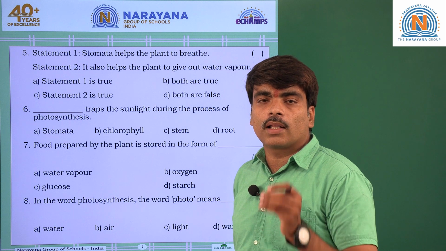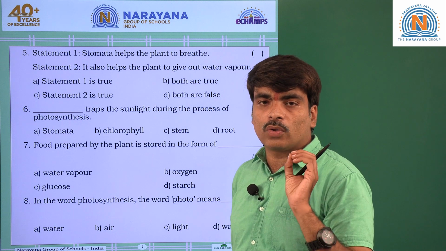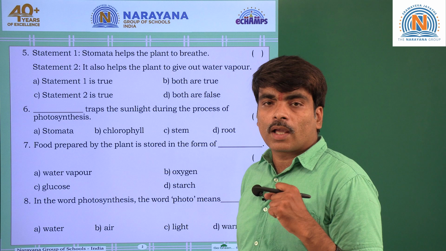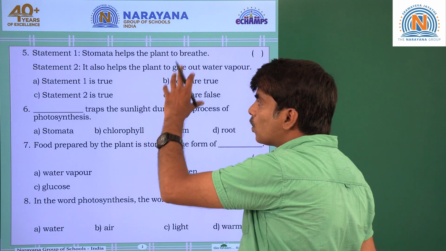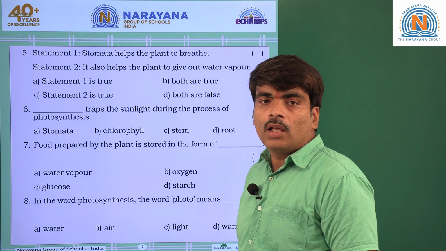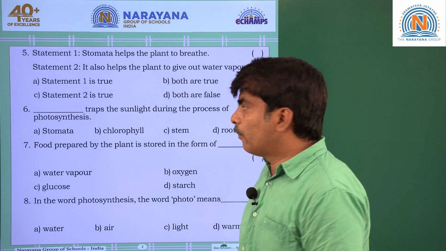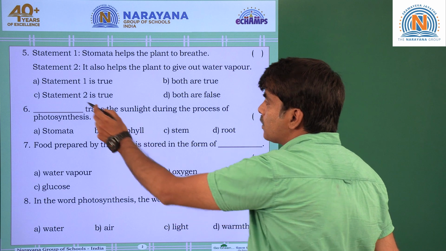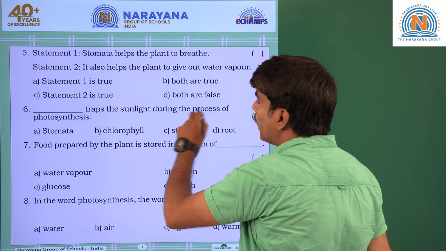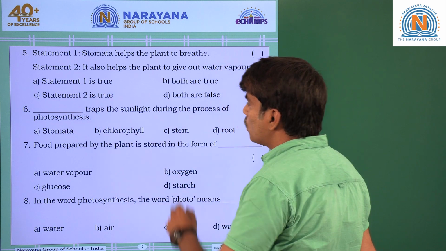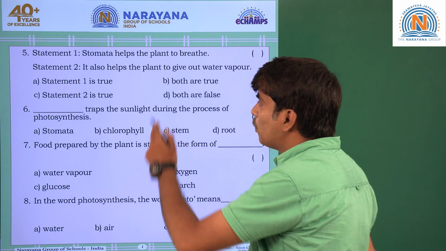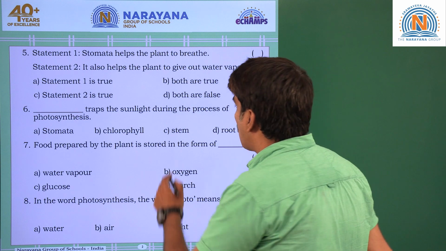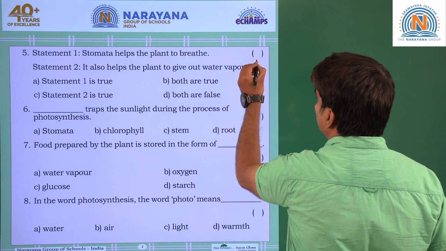We know that stomata are the small pores present on the leaf which absorb the carbon dioxide from the atmosphere, and they also give out the water vapor from the plant. So our options: A. Statement 1 is true, B. Both are true, C. Statement 2 is true, D. Both are false. So we can say that both the statements are true. So our option is B.